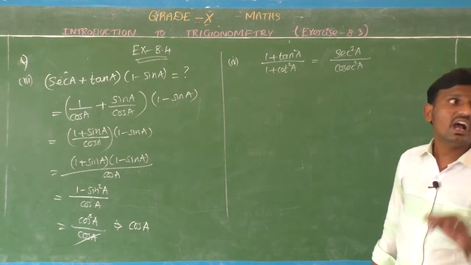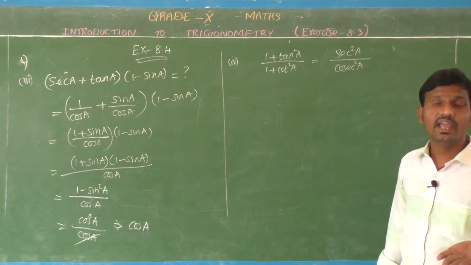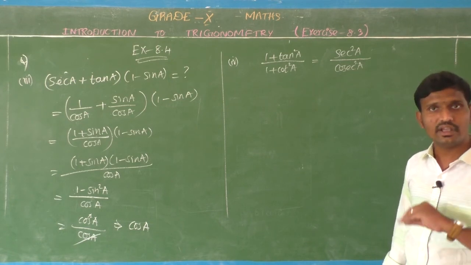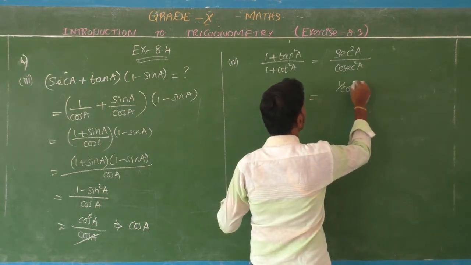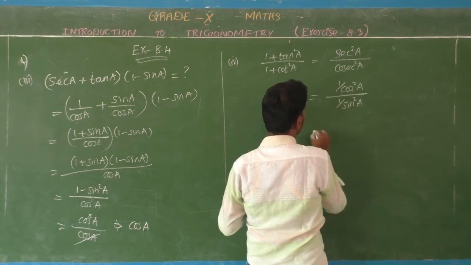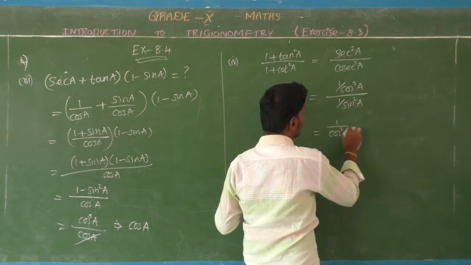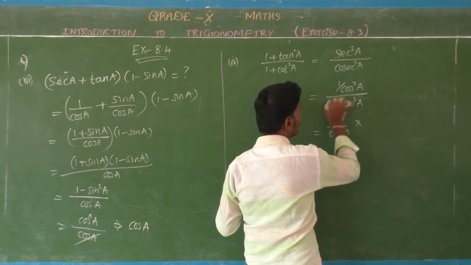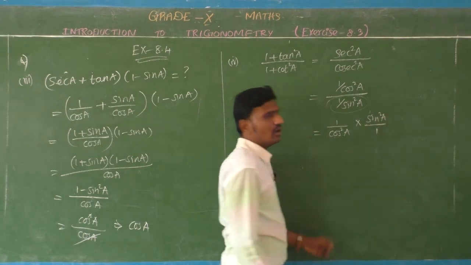So here already I told you cosecant theta is the reciprocal of sin and secant theta is the reciprocal of cos. So 1 by cos square A whole divided by 1 by sin square A. Take the reciprocal of that: 1 by cos square A into the reciprocal of 1 by sin square A, it becomes sin square A by 1.